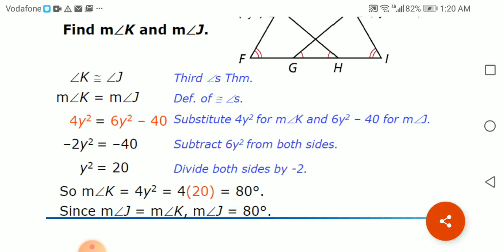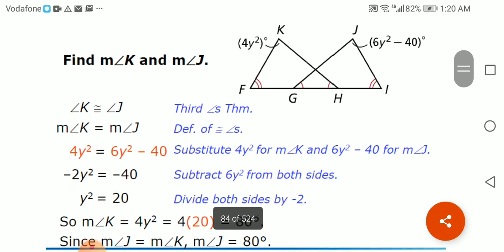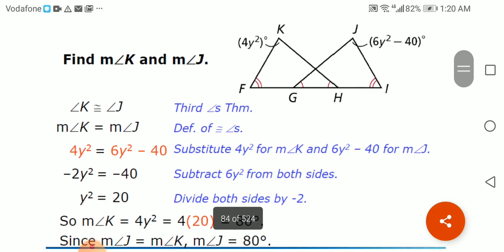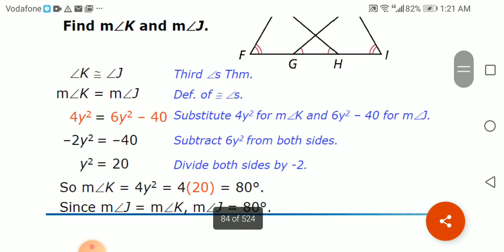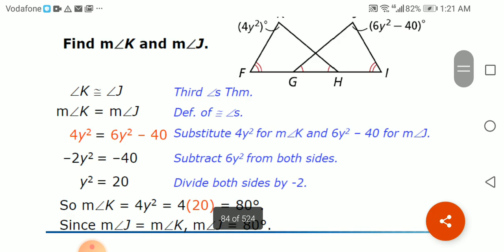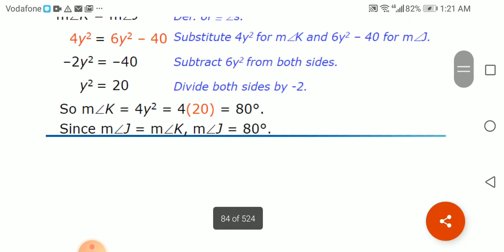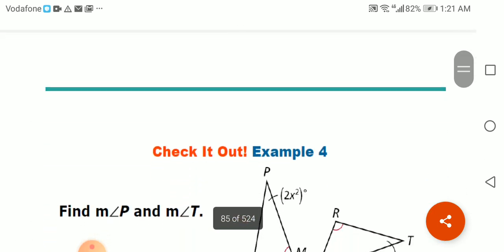So y squared equals 20. So the measure of angle K is what? 4y squared, which is 4 times 20, because y squared is already 20. So 4 times 20 is 80, and the measure of angle K equals the measure of angle J, so they are the same, 80.